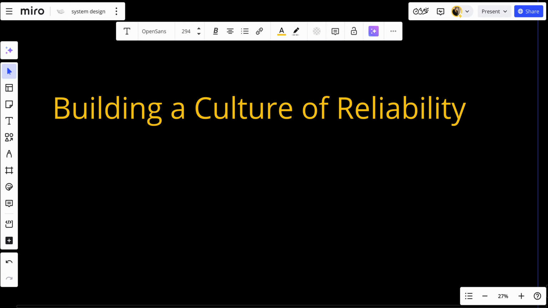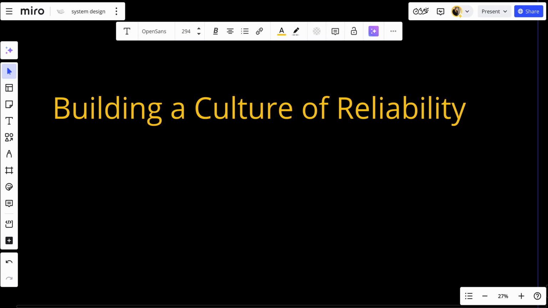So, finally, reliability isn't just about the technical aspects, it's also about building a culture of reliability within your team. This means encouraging post-mortem analysis after failure to identify the root causes, prioritizing testing and code reviews to catch issues early, promoting continuous improvement by learning from past failures and refining processes.